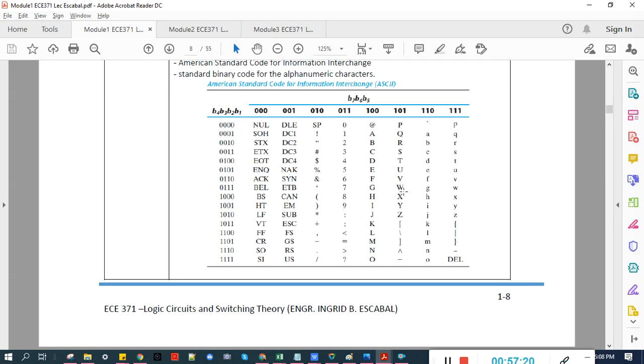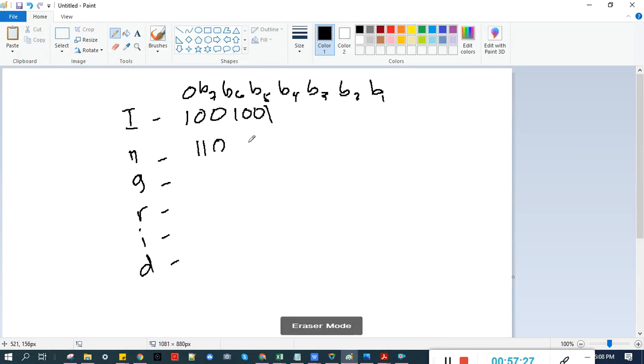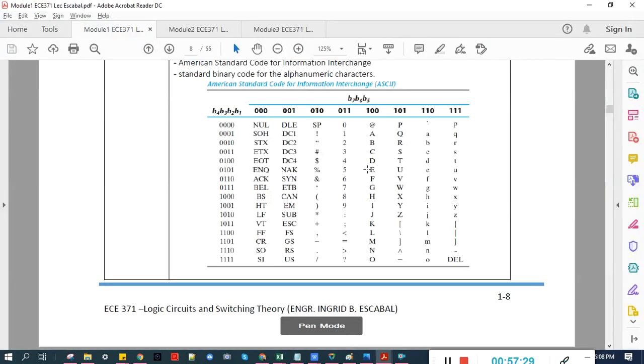For small letter n here, that's 110, and then 1110.